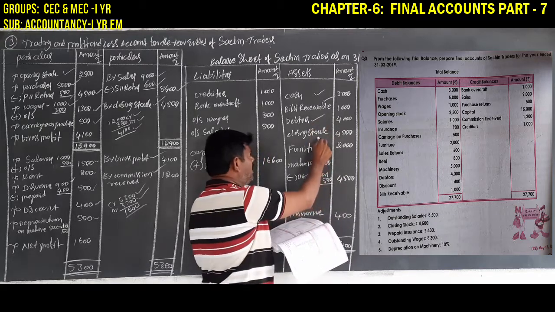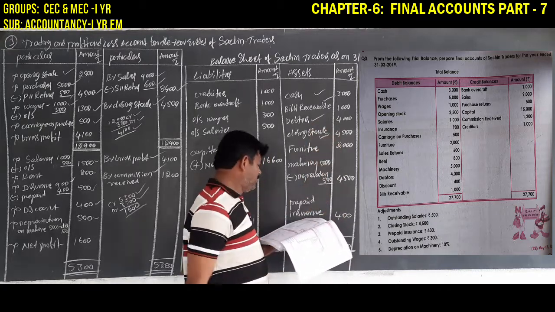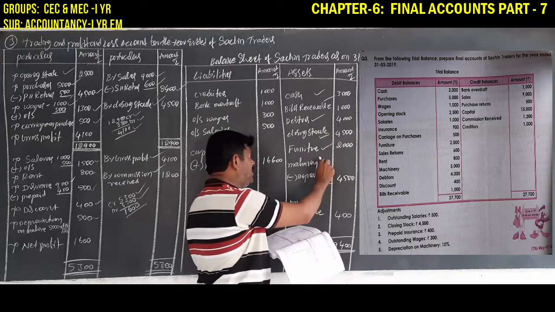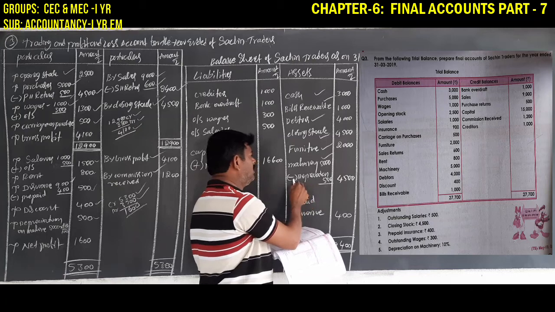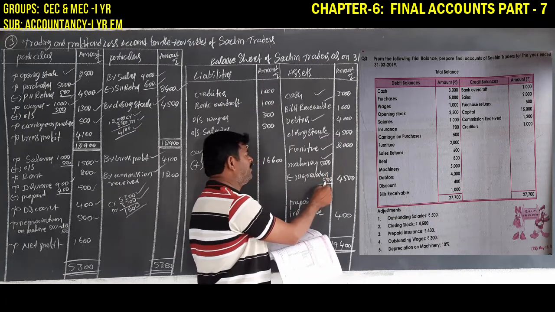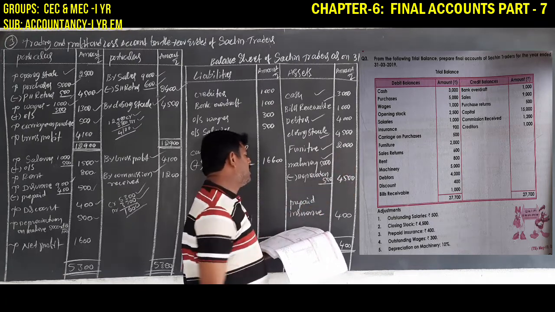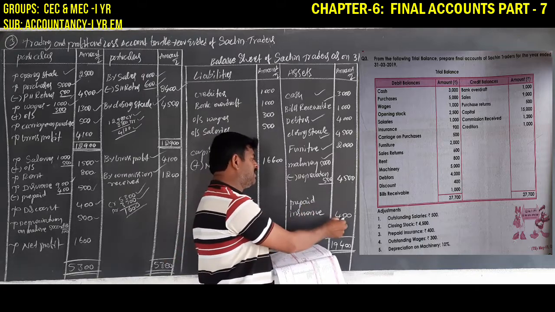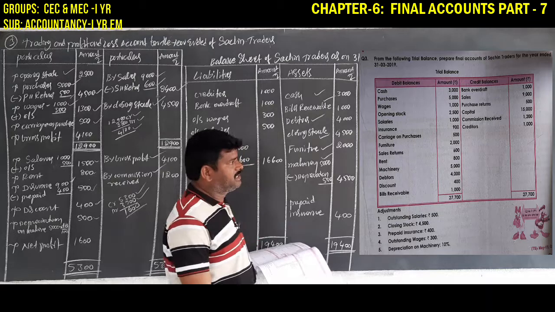Next, closing stock, it is given in the adjustment. Furniture, it is given in the trial balance. Machinery given in the trial balance. Depreciation on machinery 500 rupees, we get 4,500 rupees. Prepaid insurance, it is given in the adjustment, it is taken into the account on the asset side.